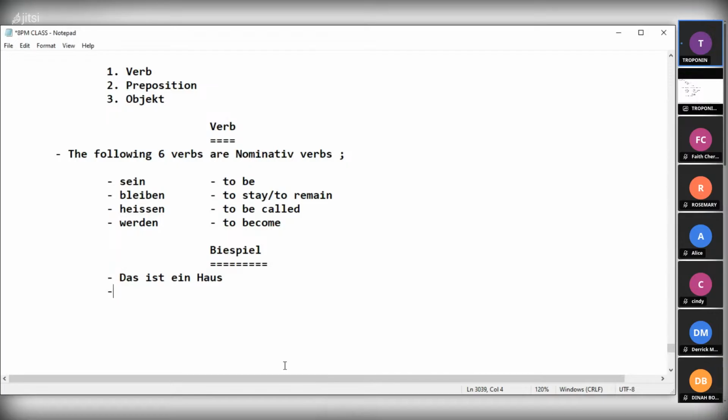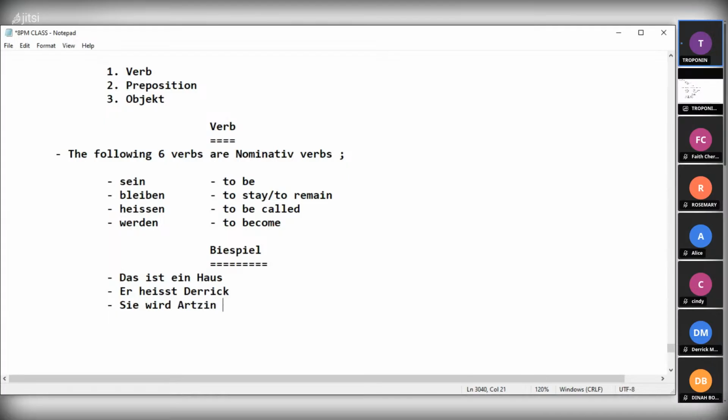So das ist ein Haus. Er heißt Derek. Sie wird 18.